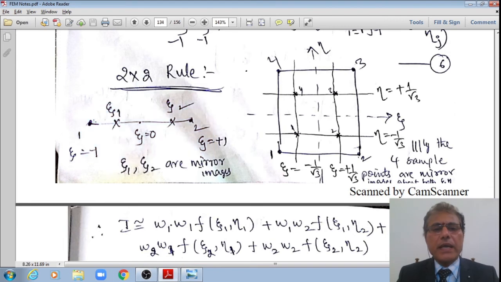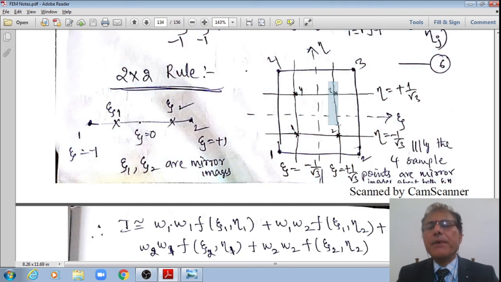Then this is sample point 1 and sample point 2, where the CG is at xi equal to 0, xi equal to plus 1 in the positive xi direction, and in the negative direction xi is equal to minus 1, right? Then these are the two sampling points, xi1 and xi2, where xi1 is a mirror image of xi2 on the negative side. That is how the sampling points 1 and 2 and 3 and 4 are respectively along the xi direction.